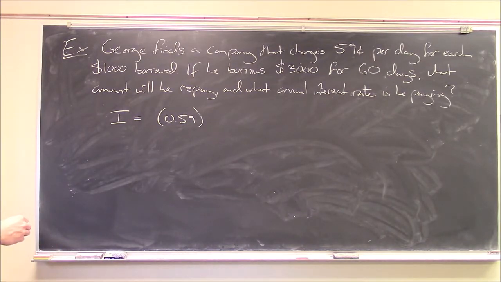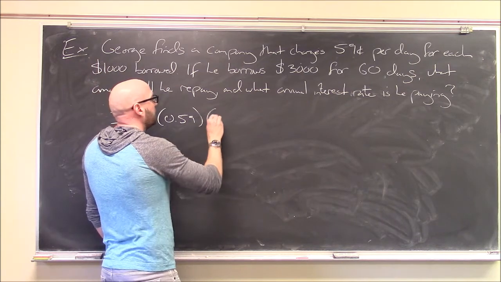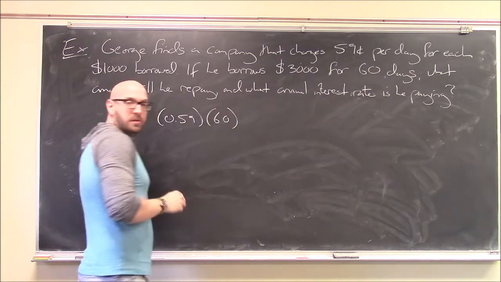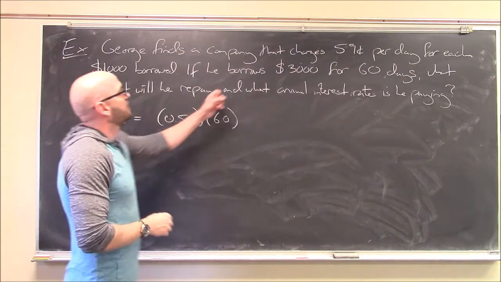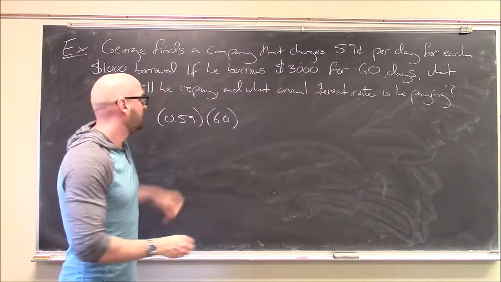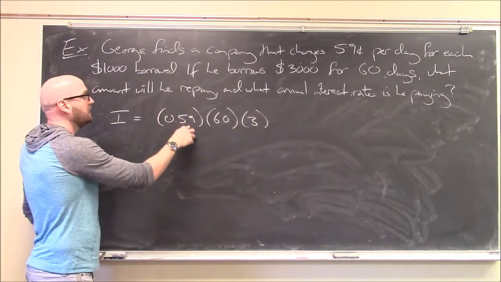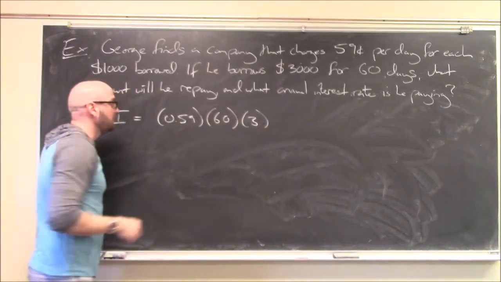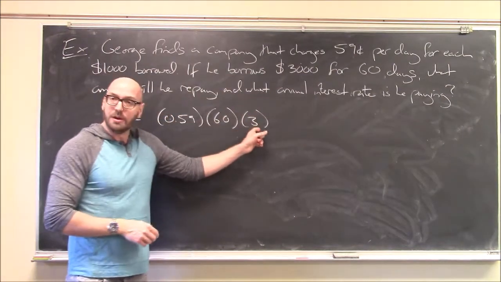How long does he borrow it for? He borrows it for 60 days. So 59 cents per day for 60 days total. And that's per $1,000, but he borrows $3,000, right? So we need to triple this. So 59 cents per day times 60 days total, and then that's per $1,000. Since he borrows $3,000, we multiply by 3.